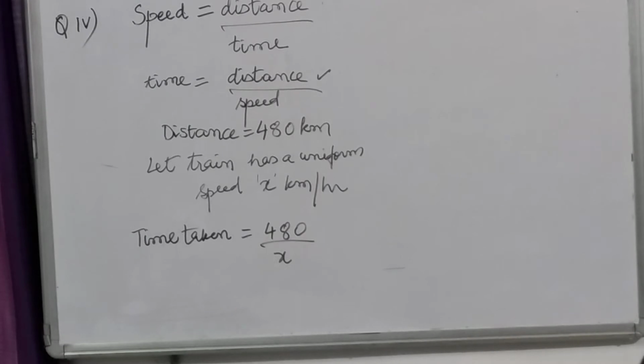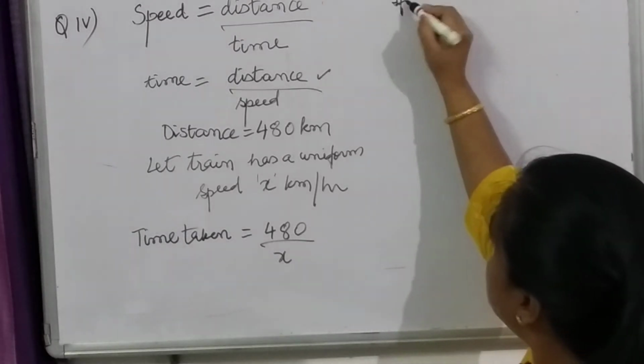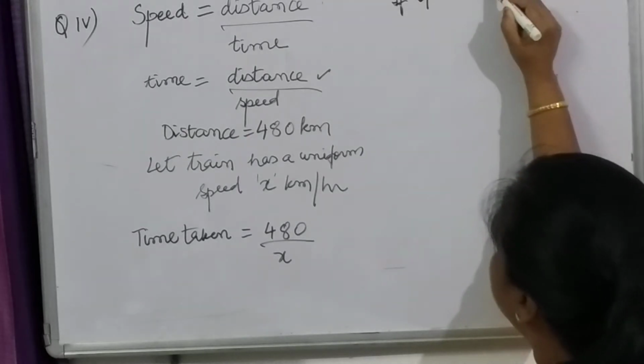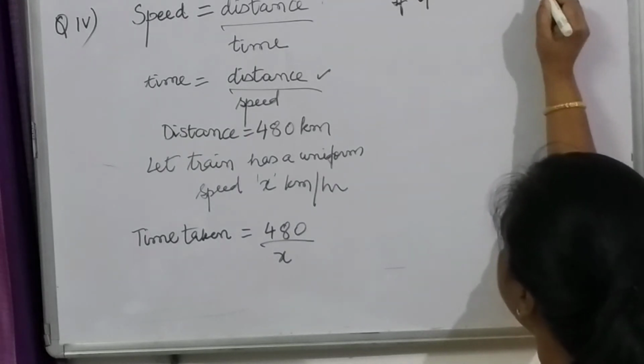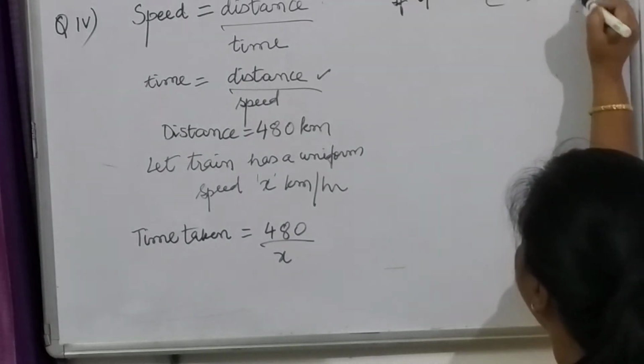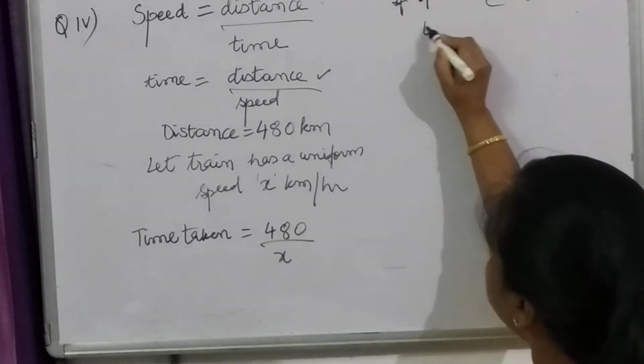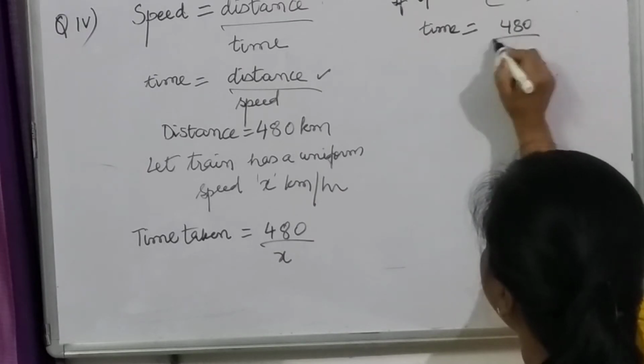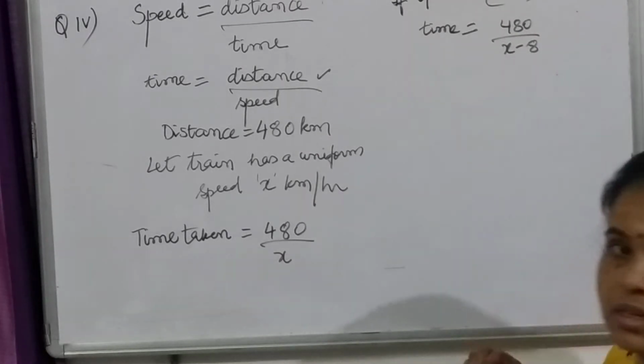Now they have given you one condition. The condition is that if the speed had been 8 km per hour less, that means if the speed is x minus 8 km per hour, the time taken in that case will be 480 upon x minus 8.